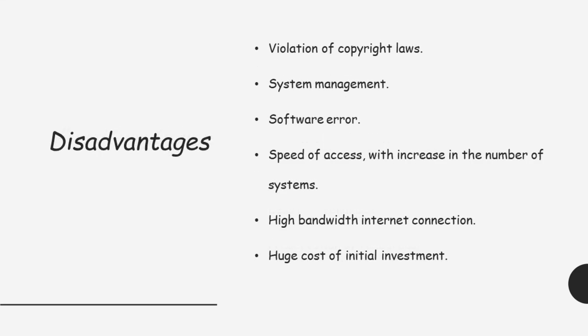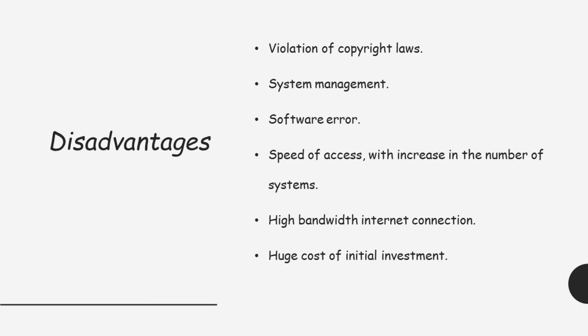Now, online libraries are not only about advantages, there are many disadvantages of online libraries as well. Foremost among these disadvantages is that many of the online libraries violate copyright laws, which is a criminal offense. For large online libraries, it will be a huge task to manage the system.